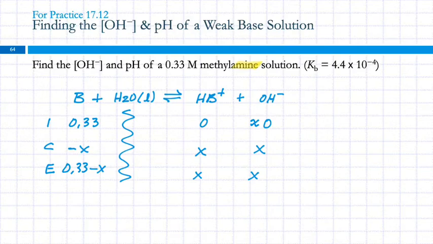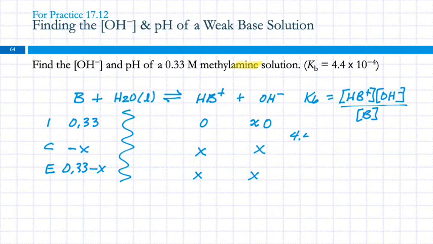Our Kb expression, Kb is equal to the conjugate acid times the hydroxide divided by the concentration of the weak base. So we can plug things in here. We have 4.4 times 10 to the minus 4th is going to be equal to x times x, x squared, over 0.33 minus x.